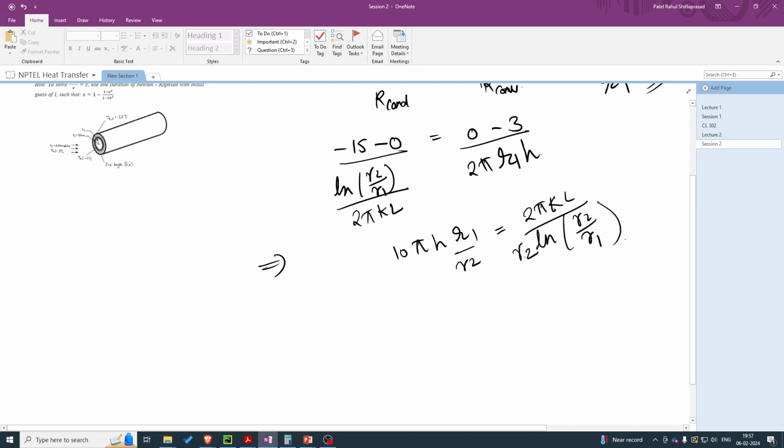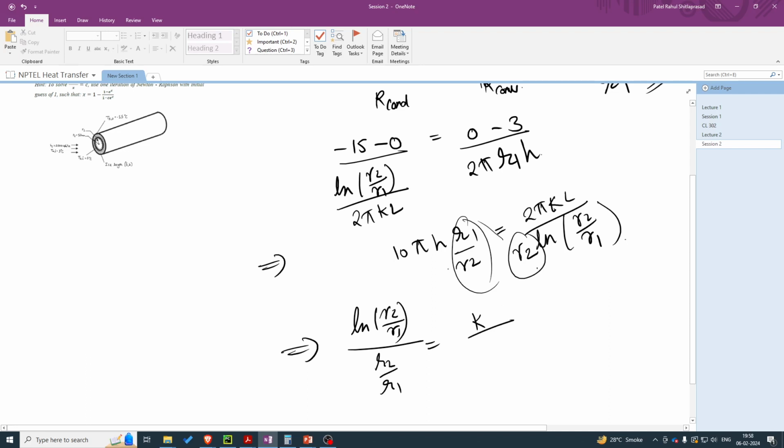Over here we can put the value of R2 as 50 mm. Taking the ln term over here, R2 by R1 is equal to K upon H R2 into the temperature difference term.